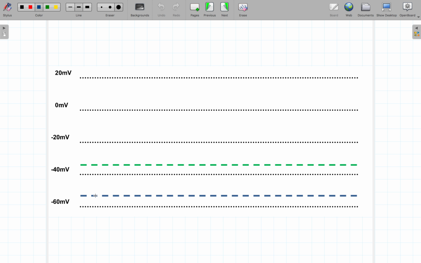On this chart, I have the voltage. For these cells, it's going to run somewhere between minus 70 and, let's say, plus 15 to plus 20 millivolts. And I have two lines here, and these two lines represent thresholds. Thresholds are points at which a voltage-gated channel will open.